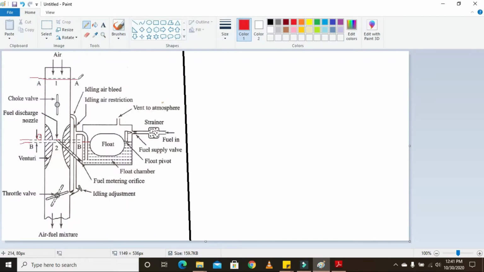This is the inlet section of the carburetor and this is the second section, which is the inlet of the Venturi throat. So air is coming in from this direction and then going to the Venturi throat, and we are applying the energy equation between these sections.